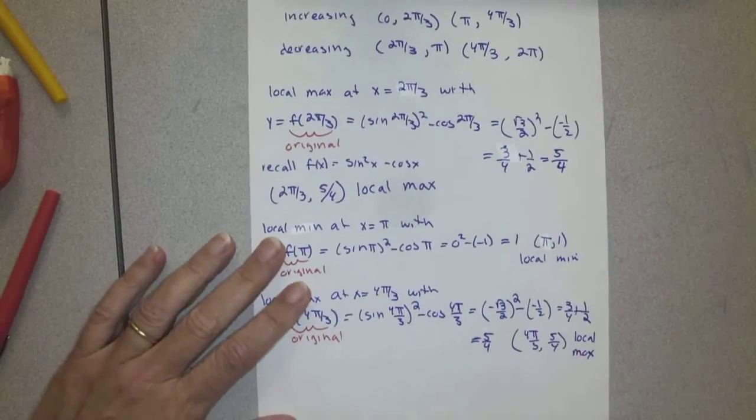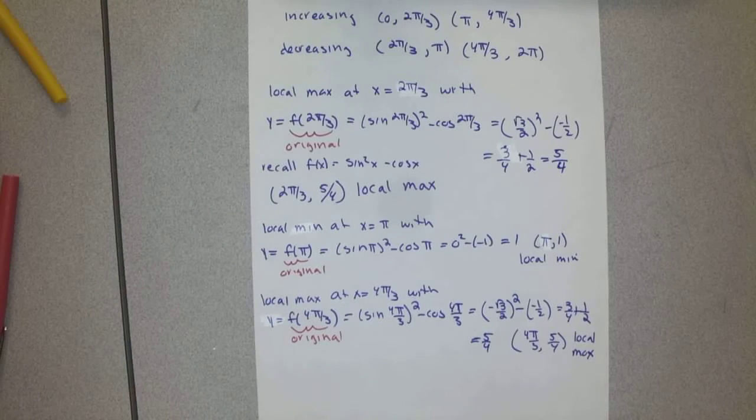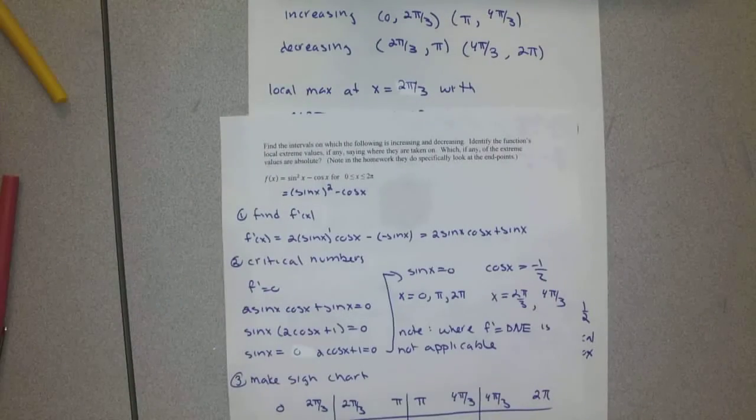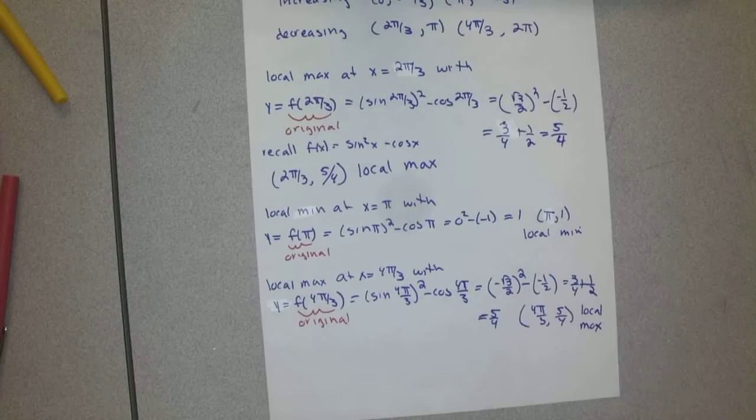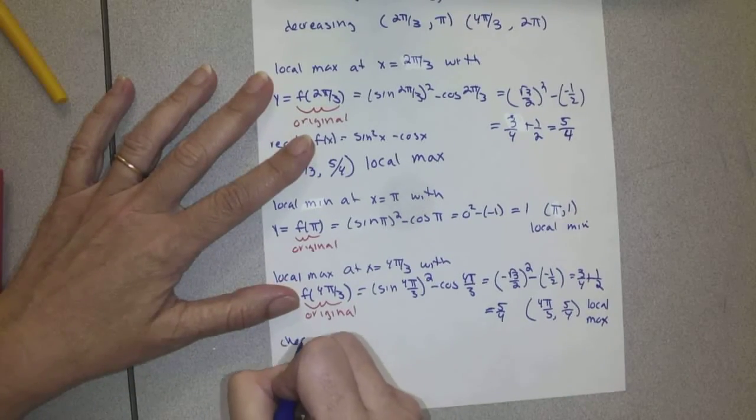Now the last thing that we're going to do, and then we're going to look at a picture. The last thing we're going to do is, and I did warn people about this, it said, which, if any, of the extreme values are absolute? In the homework, explicitly looking at the endpoints. So just checking the endpoints.